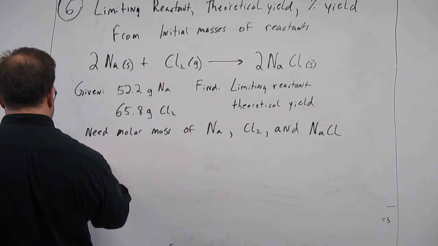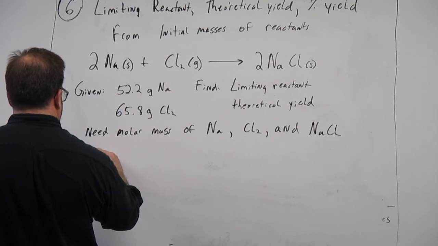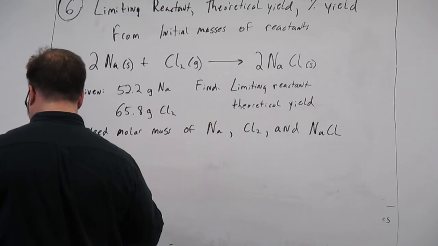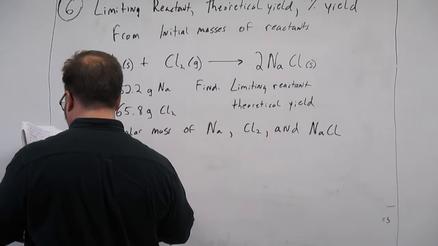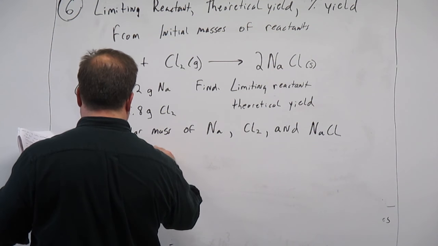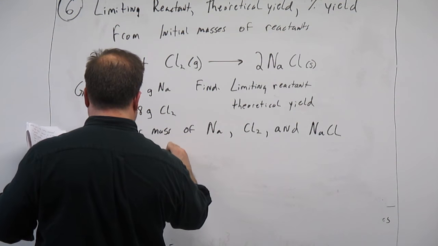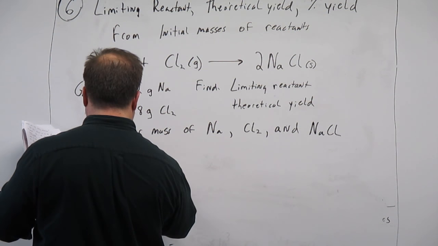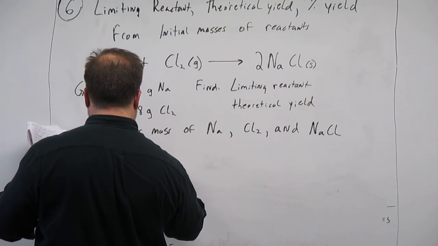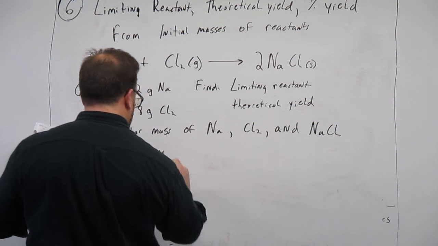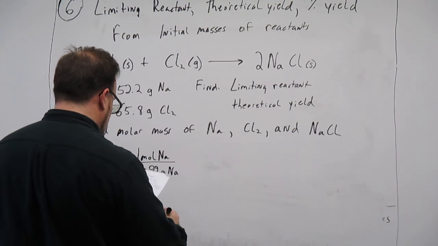We've got 52.2 grams of sodium. Then I'm going to use the grams per mole. 1 mole of sodium is 22.99 grams of sodium. And check me if I'm right. Make sure I'm right on this, so I'm doing it correctly.